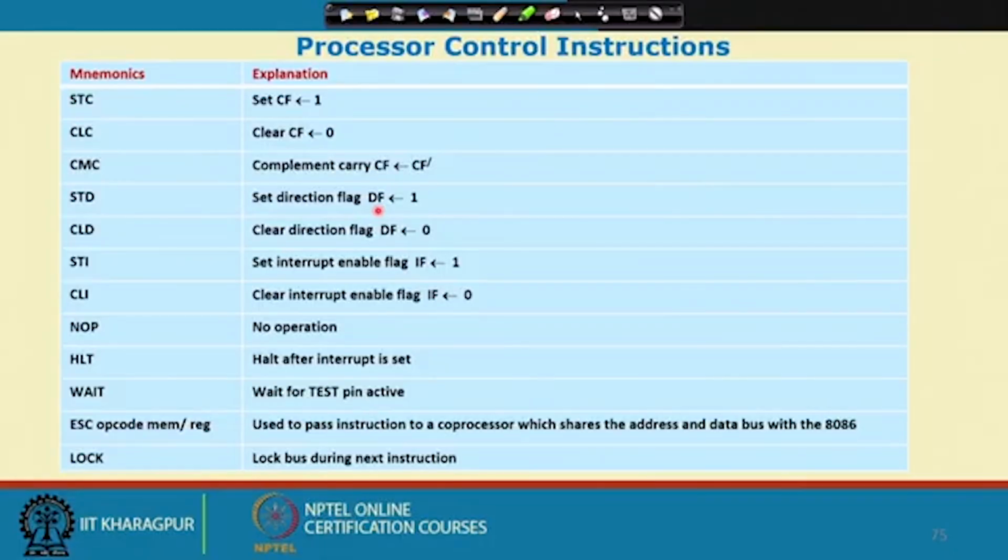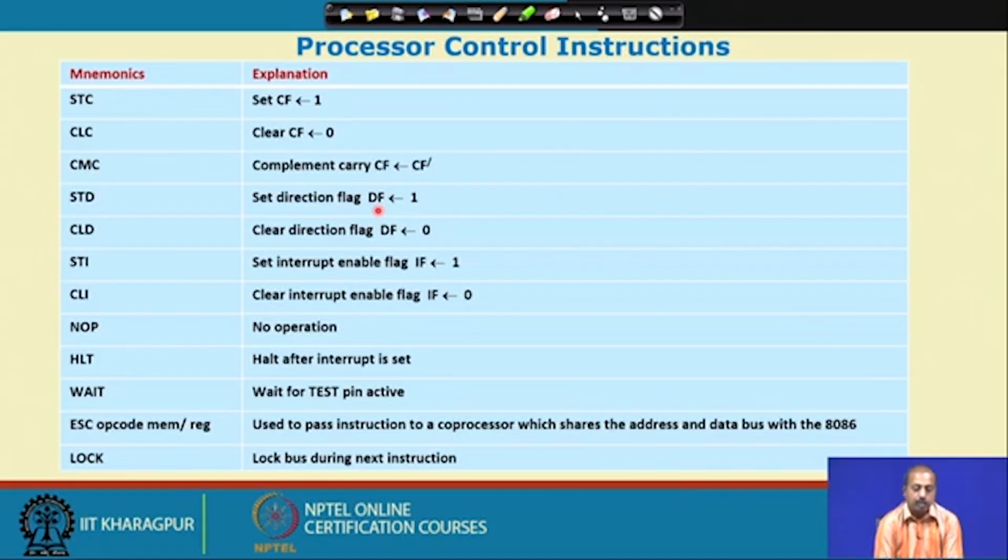The processor executes a WAIT instruction and waits till some outside device or outside master sends a signal to the TEST pin. When the signal comes, the processor knows that now it is its time to continue, so it will continue with its previous instruction, whatever it was doing.